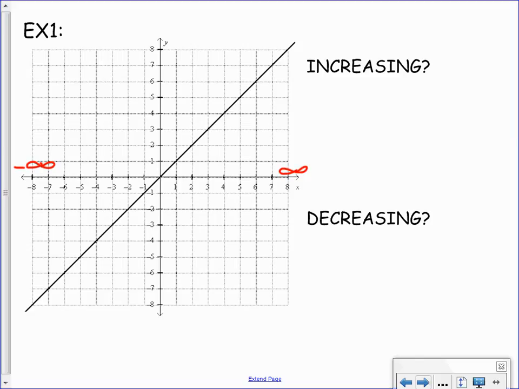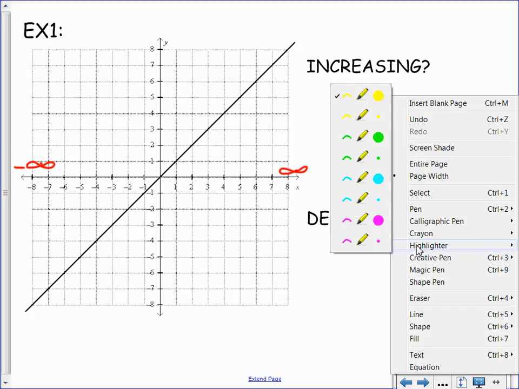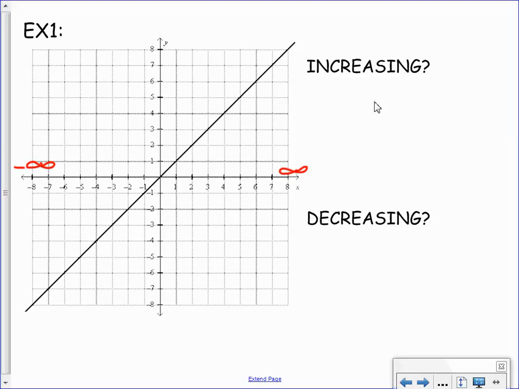In this function, if you were to travel along this graph, notice that it is always going up. It's always going up, aka I word, increasing.